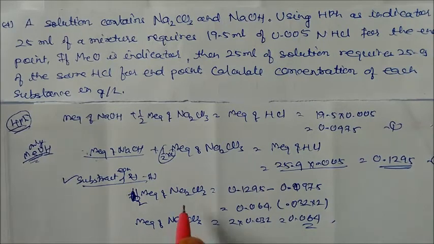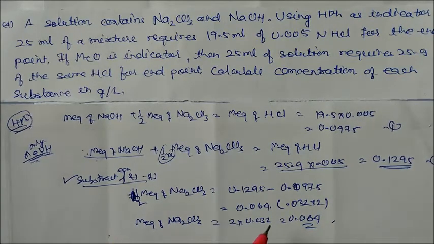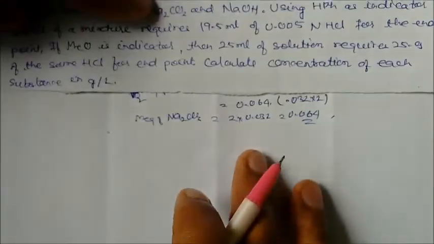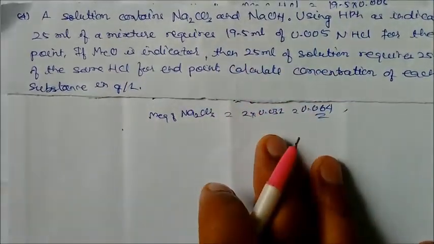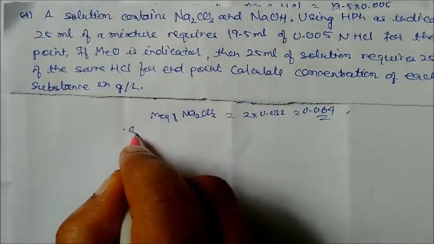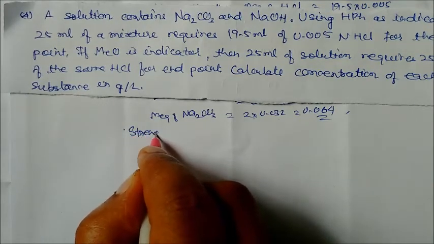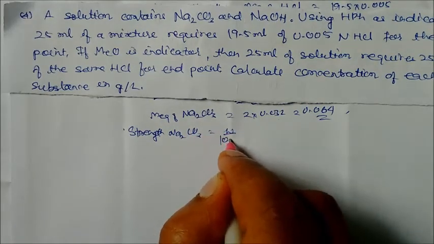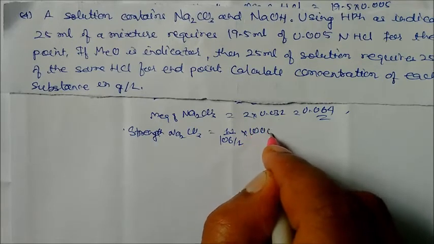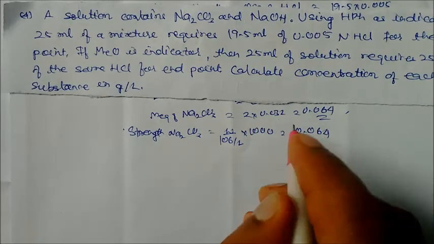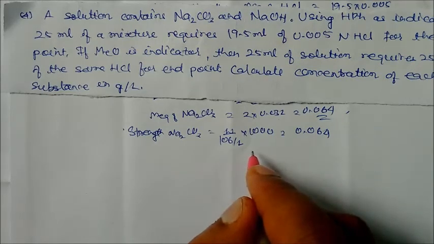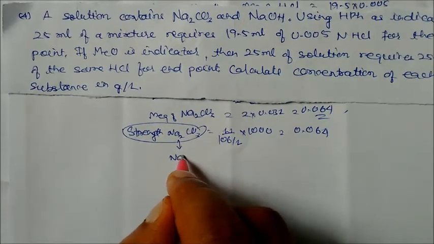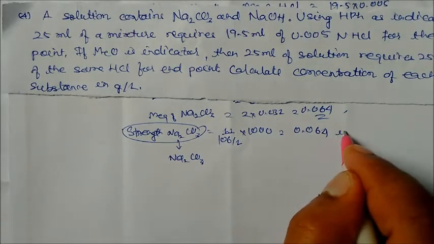Okay, so here we can find the strength. The strength of sodium carbonate will be W by 106 by 2 into 1000 equal to 0.064. This is not a strength, this is your weight. This weight is given for Na2CO3 in 25 ml.